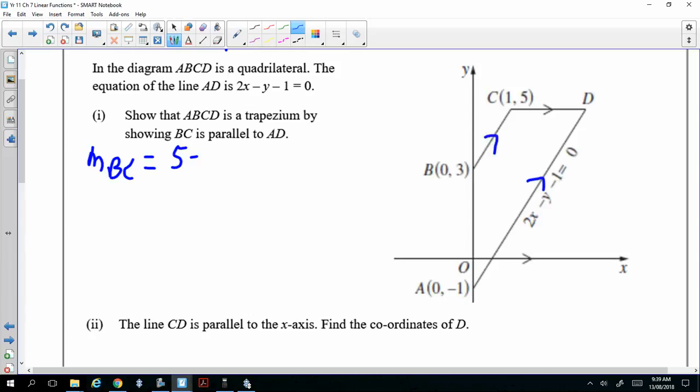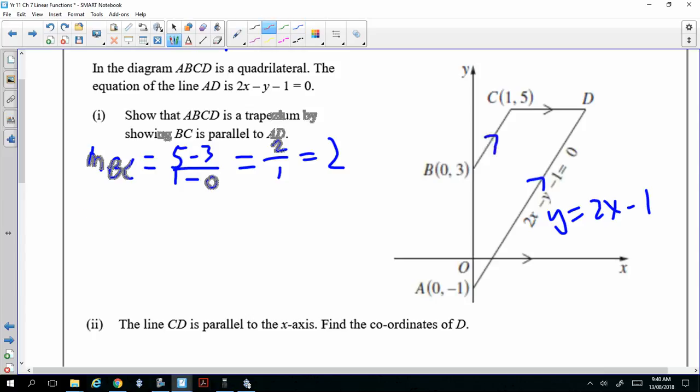How about the gradient of AD? You make y the subject, right? So if you make y the subject, which is 2x minus 1, what's the gradient of AD now? Gradient of AD is equal to 2. Because we want to prove that they are parallel, right? If they're parallel, the gradients must be equal.